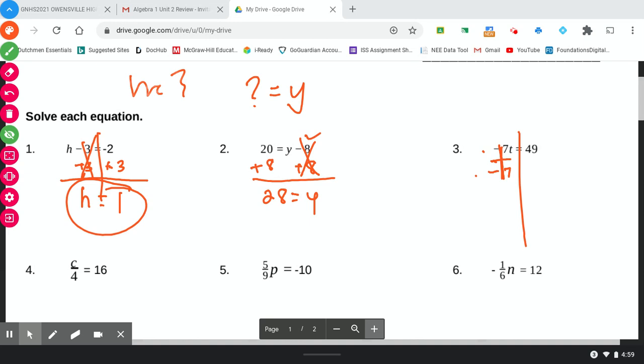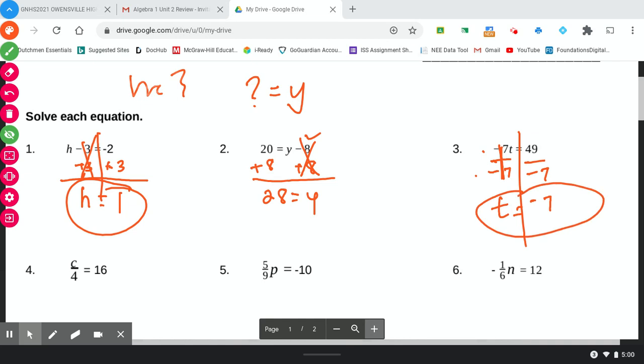But again, if I do something to the left side, I got to do it to the right. So I have to divide 49 by a negative 7. So we have a t left on this side, and then 49, or 7 times 7 is 49. Positive divided by a negative is a negative, so it's a negative 7.